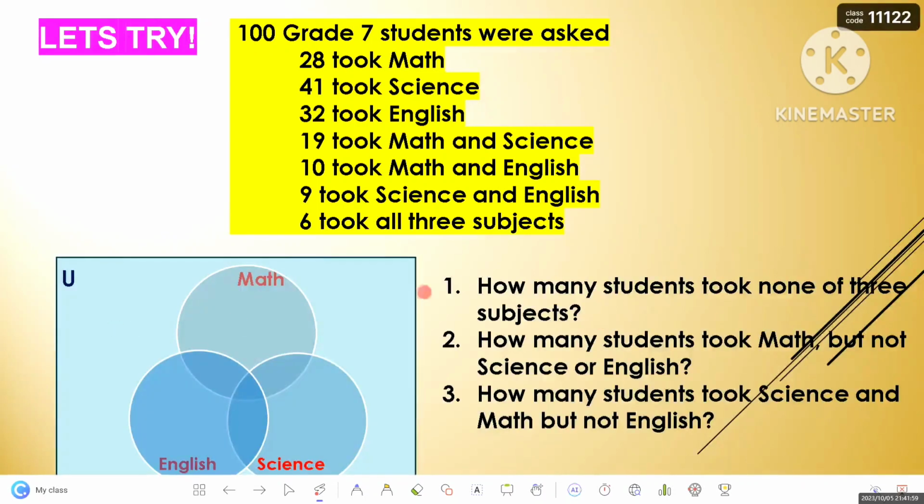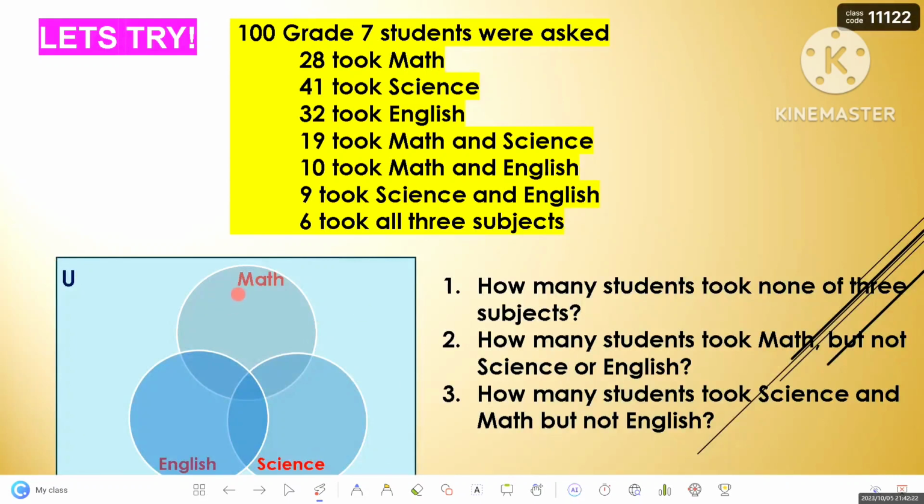Questions. You have to answer the 3 questions. Number 1, how many students took none of 3 subjects? Number 2, how many students took math but not science or English? Number 3, how many students took science and math but not English? So, binigay ko na ang universal set.